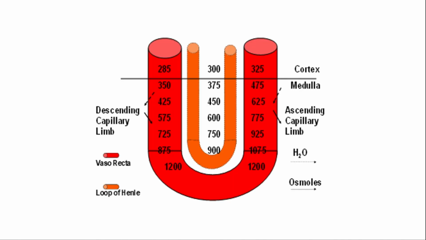And I think that the hardest part about this is that there are multiple different areas where we have osmolality, either the capillaries, the interstitium, or inside the tubule, but understand that it gets more concentrated as we go down, because we're pulling more water out in the descending limb, and then more solutes are leaving in the ascending limb, and so we're able to make a more dilute urine.